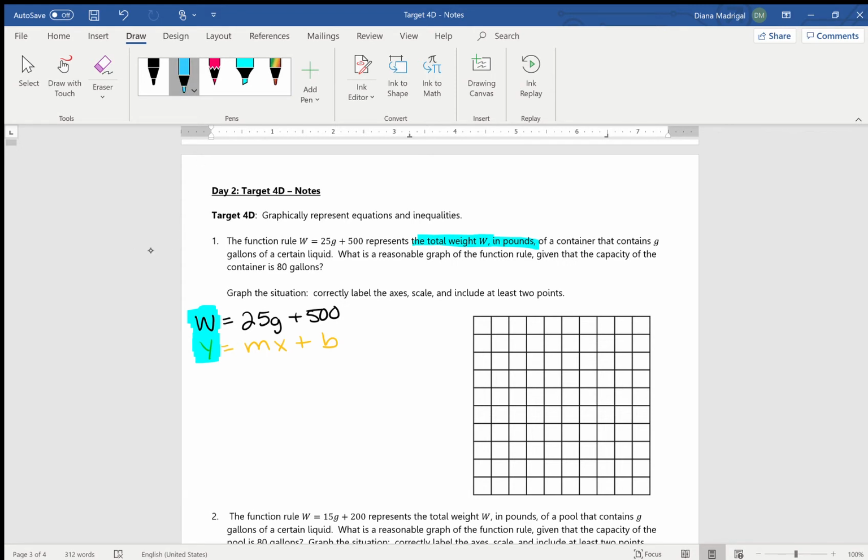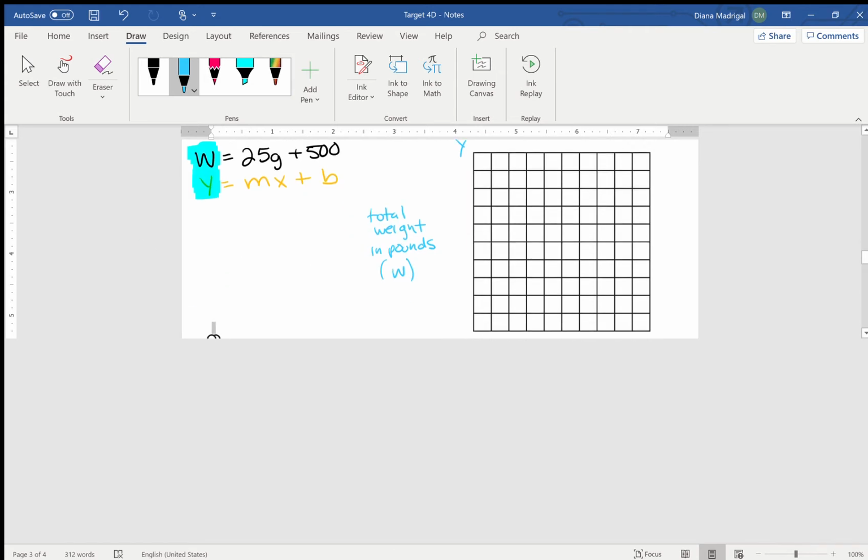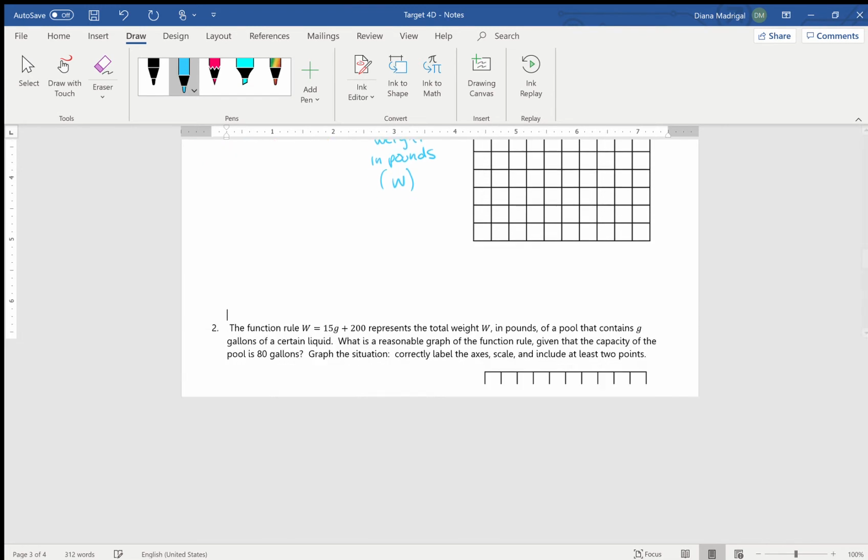So the y, again, is the total weight in pounds. So it's my W. And we need a title for x. Let me give myself some space here.